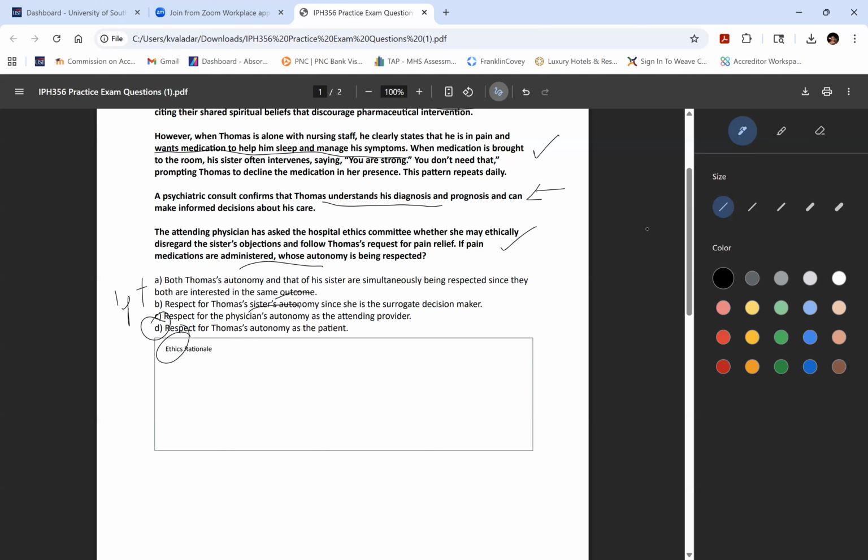What's the rationale? You have to go back and use stuff. Not just that Thomas can make decisions on his own, but that Thomas is able to understand and make informed decisions after the doctor's consult. But the key thing here is even though he has these medical issues, he also has agency, which is a term, because we know we're respecting his autonomy.